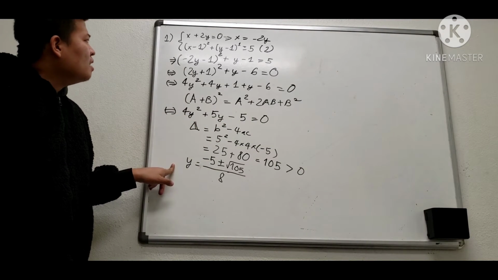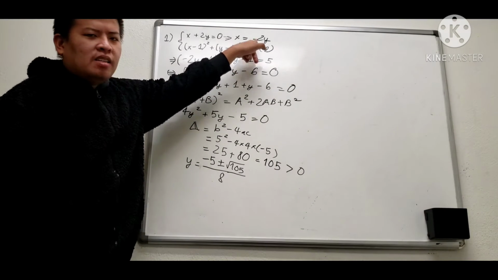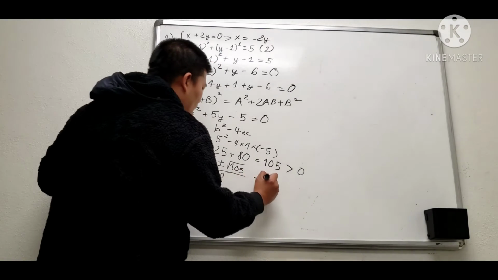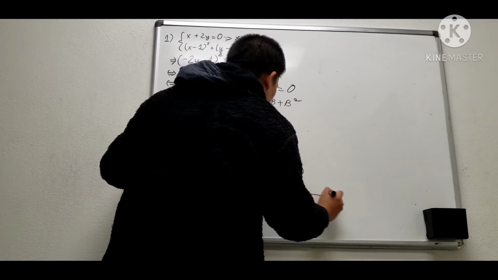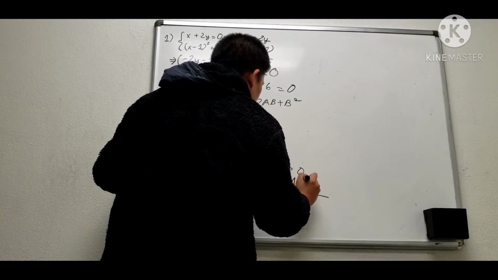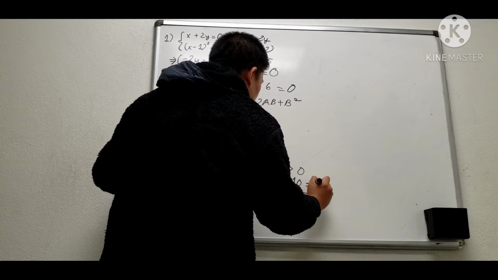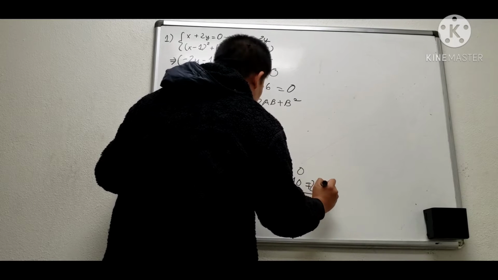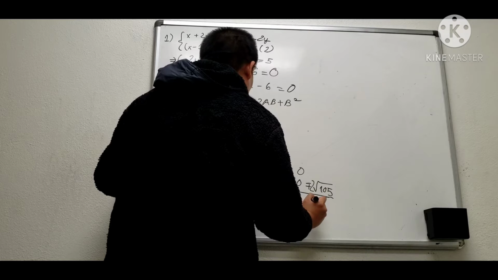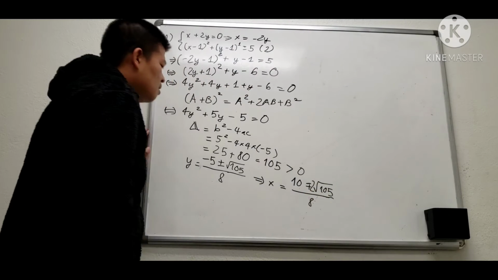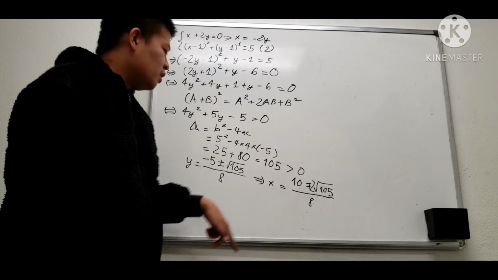After you get y, you input it in the x here. So x will become 10, negative and positive, and we have number 2 here with the square root of 105, divided by 8. So you can simplify the fraction here.